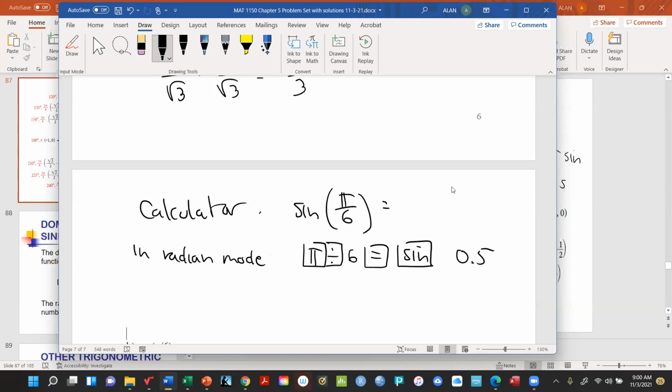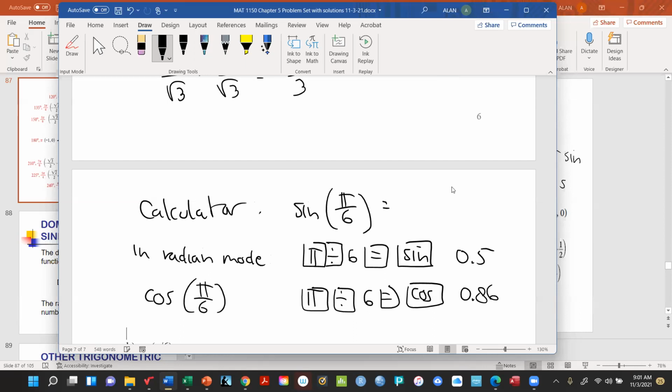And the second one, for cosine, pi over 6, and so for that, you're going to get pi over 6 cosine. Now, in the calculator, you're going to end up with 0.866, which you already know is radical 3 over 2.